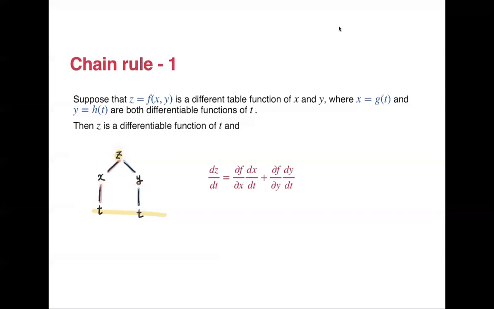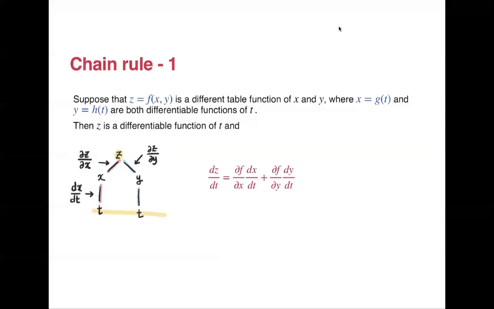For the first red line, z is differentiated by the variable x. Here, z is differentiated by y, and x is a function of a single variable t, so we use the d notation.